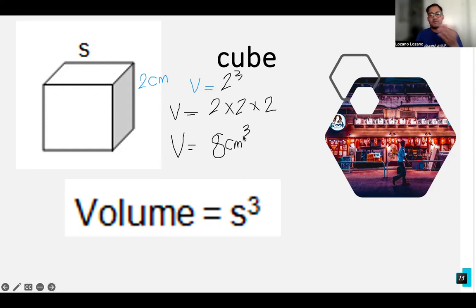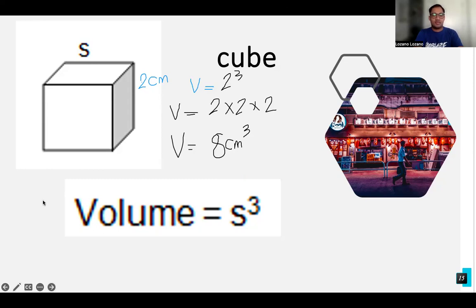So the volume of our cube with a 2 centimeter measurement is 8 centimeter cube. You get it?